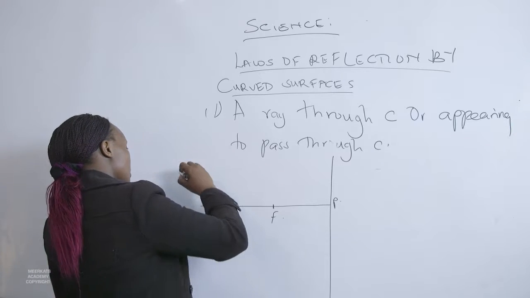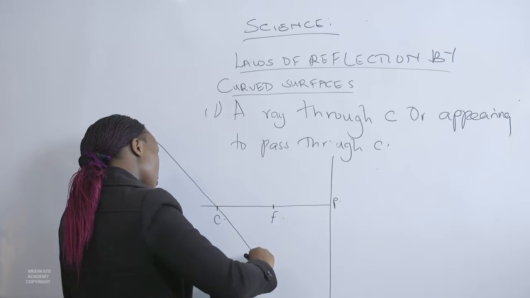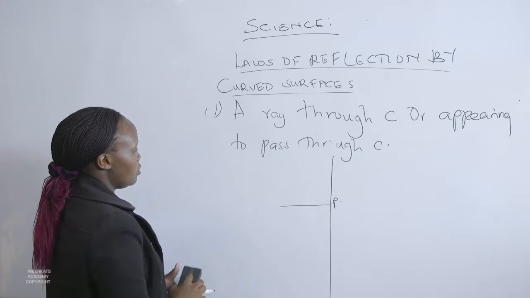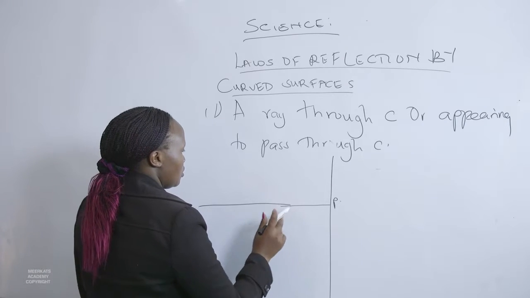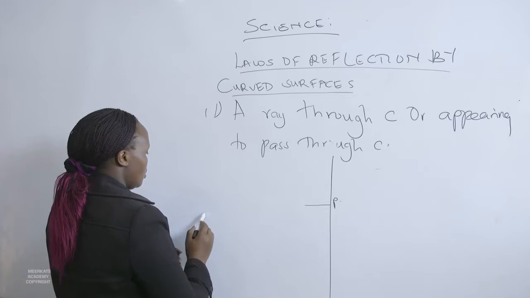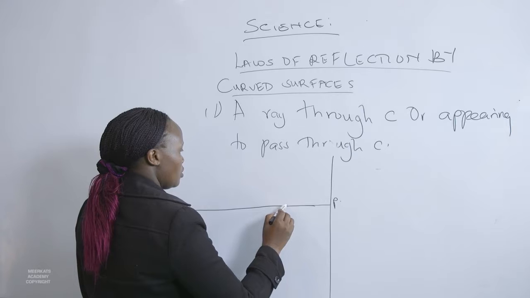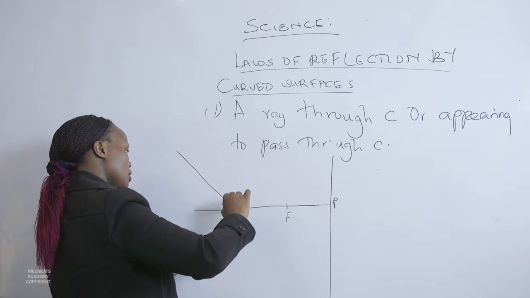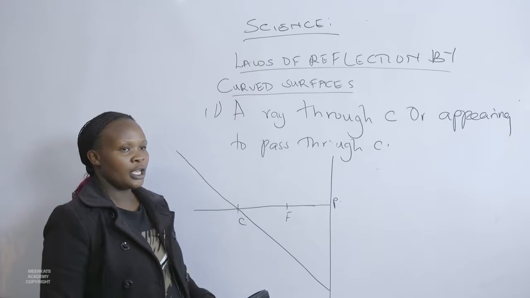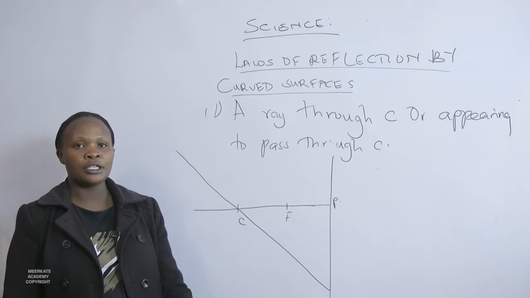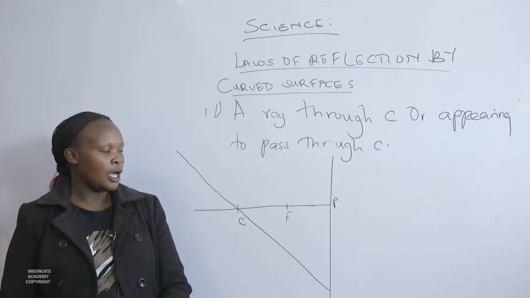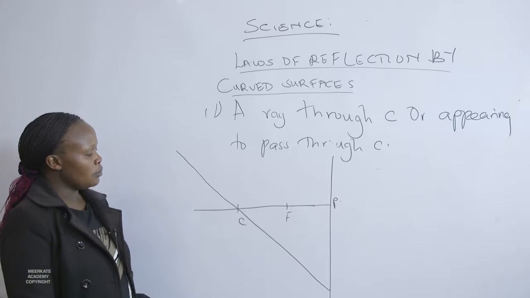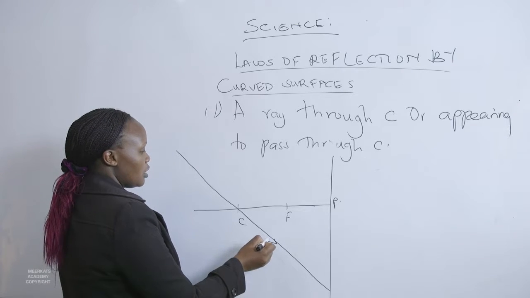So, in this case, we could have a ray of light passing through C and incident at a point on our reflecting surface, and we want to find out how that ray is reflected.